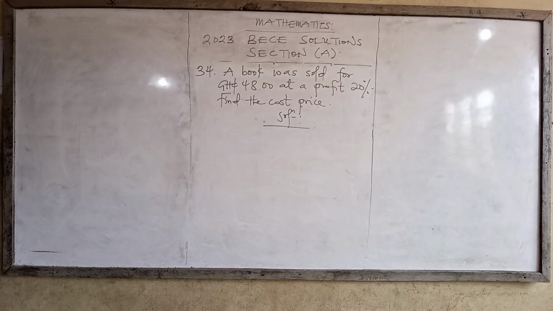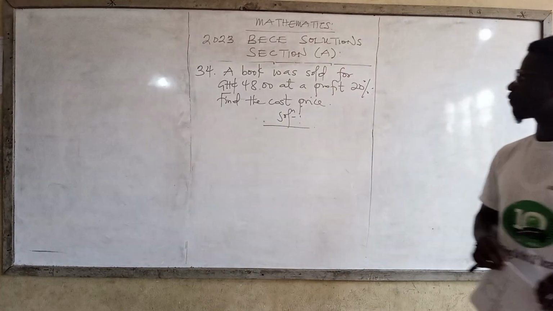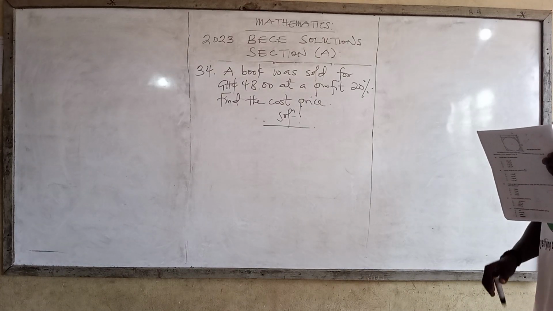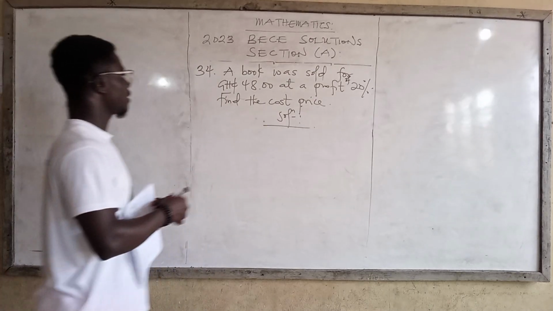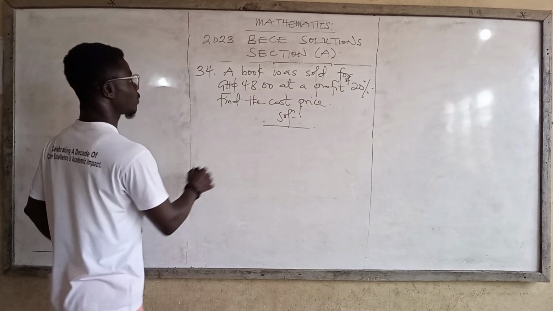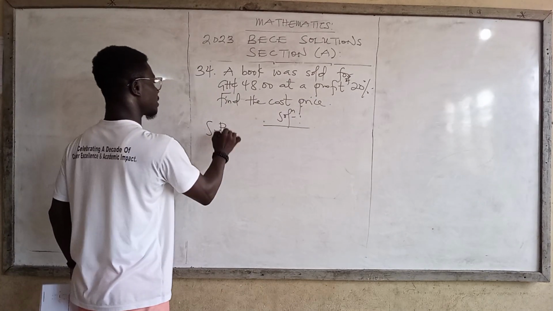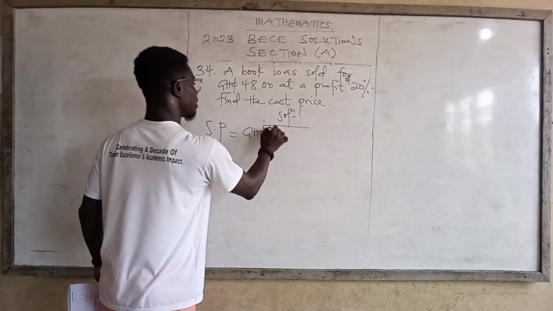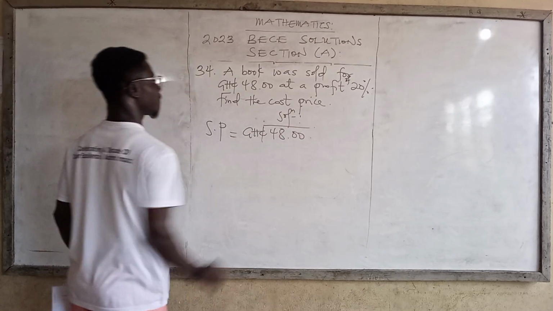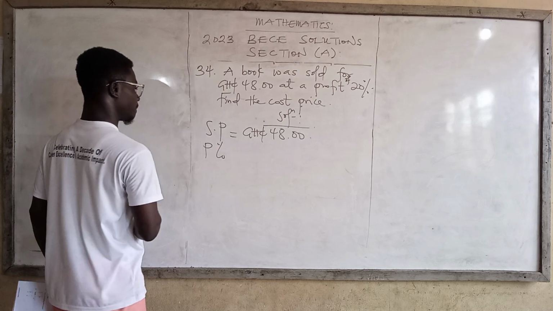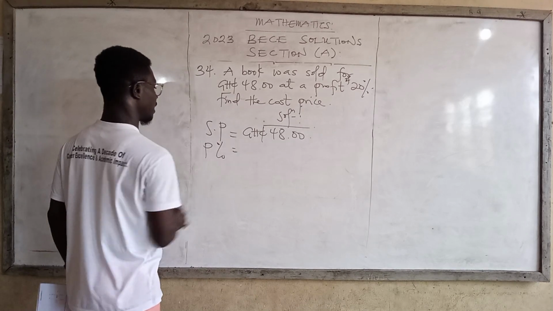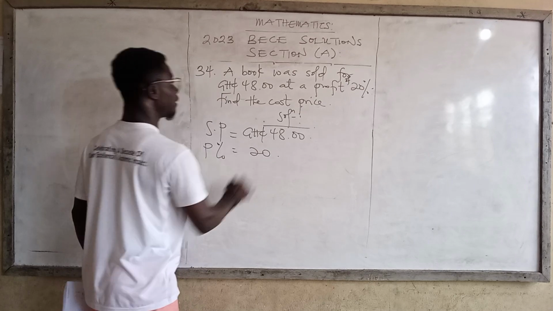All right, so 34. A book was sold for 48 Ghana cedis at a profit of 20%. So at a profit of 20%, find the cost price. So let's see, the selling price is 48 Ghana cedis, then our profit percent is 20.